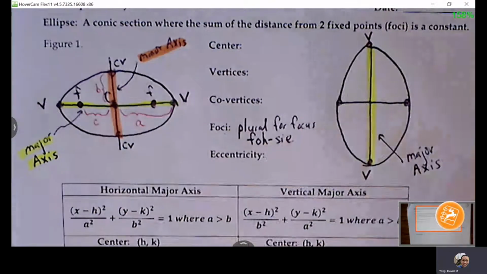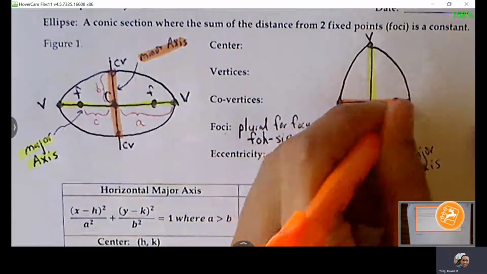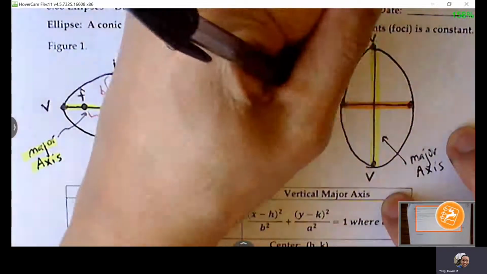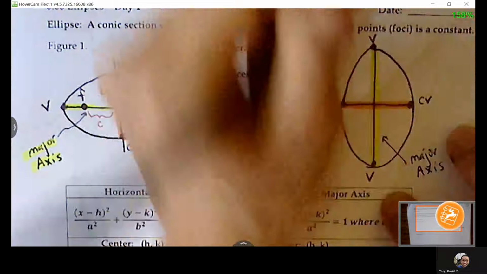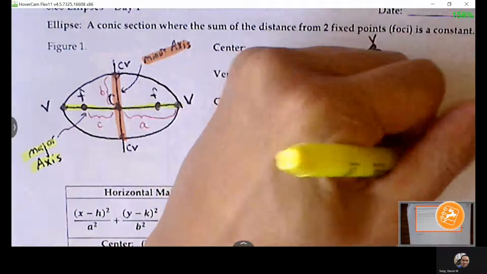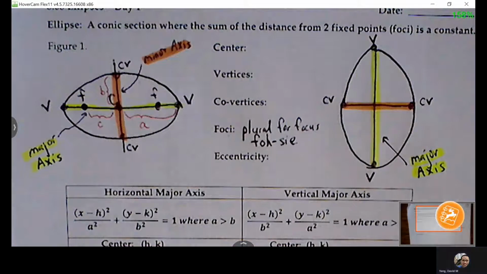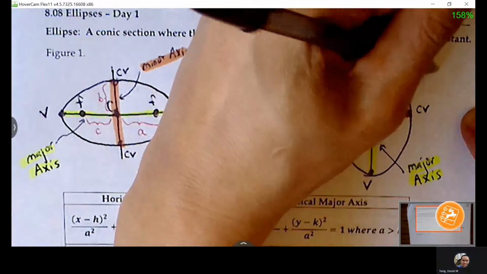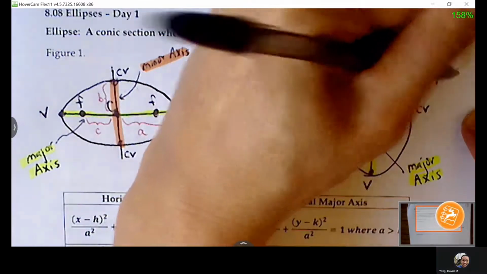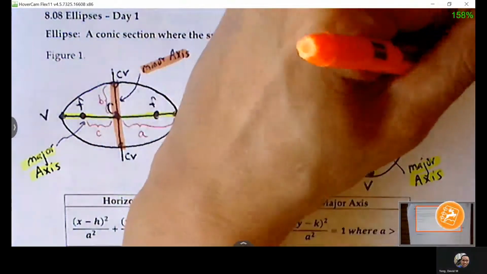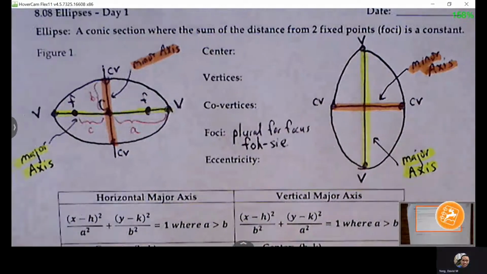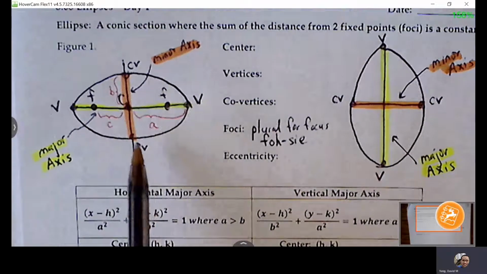Okay, your minor axis, in this case, is the shorter one along the horizontal, and the minor axis will connect from co-vertex to co-vertex. Very similar information we're going to put onto this diagram.